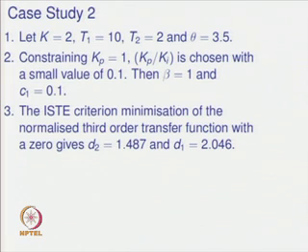Now, constraining Kp equal to 1 and Kp upon Ki equal to 0.1, then beta becomes 1 and consequently C1 becomes 0.1. Then corresponding to this C1 we get optimum values for the coefficients D2 and D1, which are found to be 1.487 and 2.046 respectively.